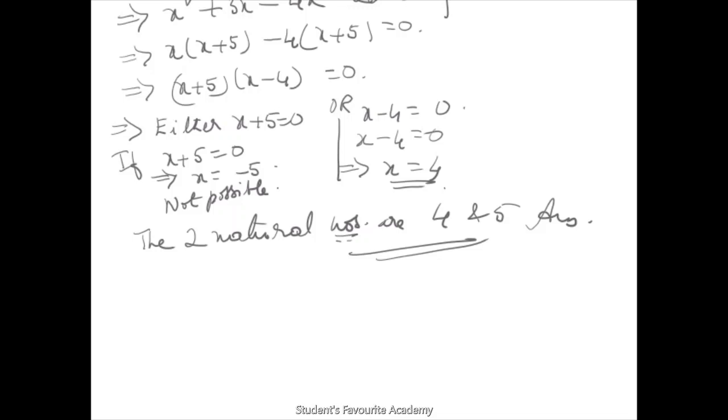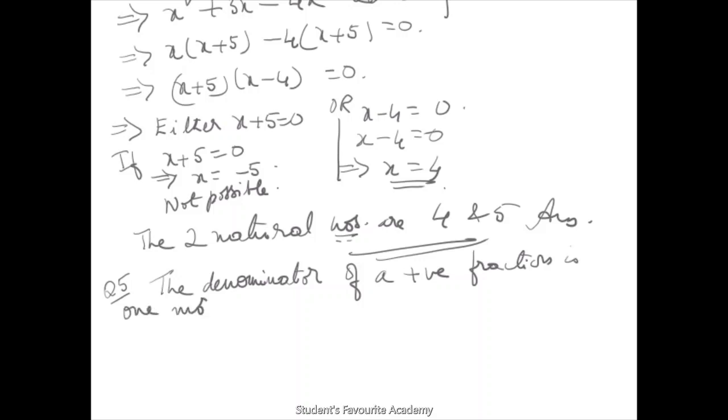Next question, that is question 5. The denominator of a positive fraction is 1 more than twice the numerator.